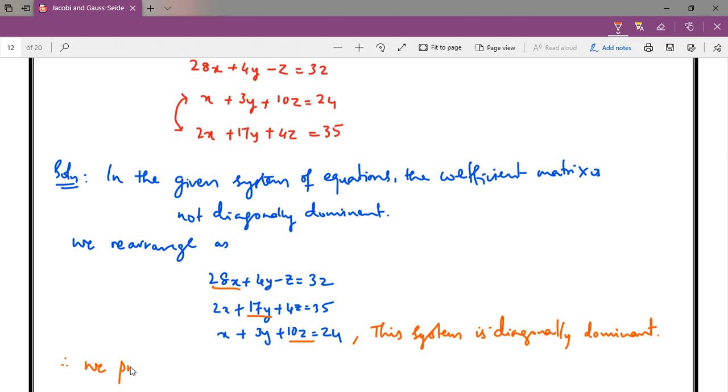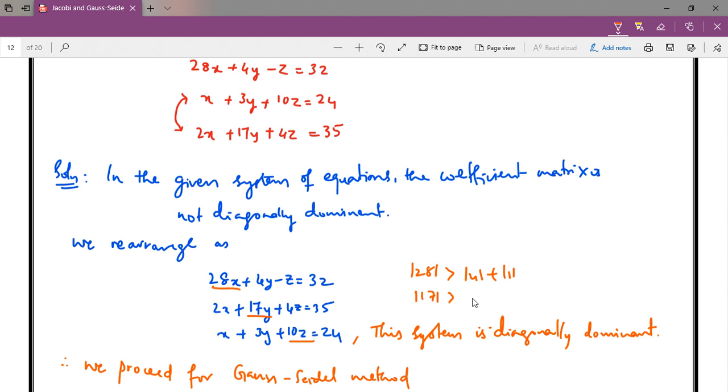So therefore we go for iteration. Therefore we proceed for the Gauss-Seidel method. See, always this condition is necessary. You can see that mod 28 is greater than mod 4 plus mod 1.